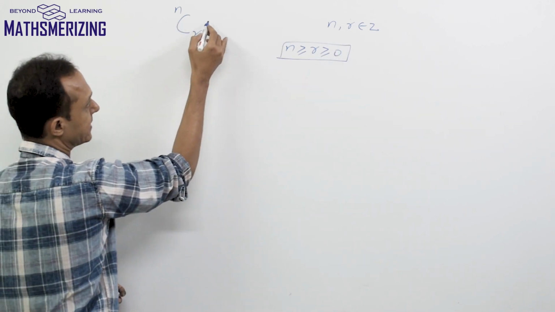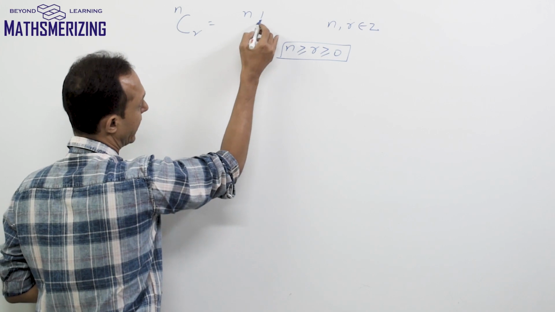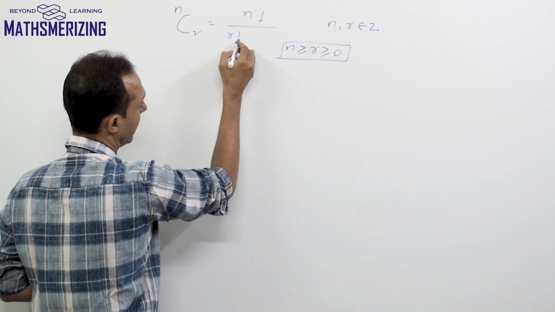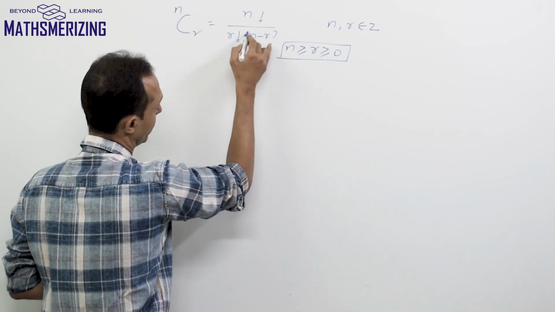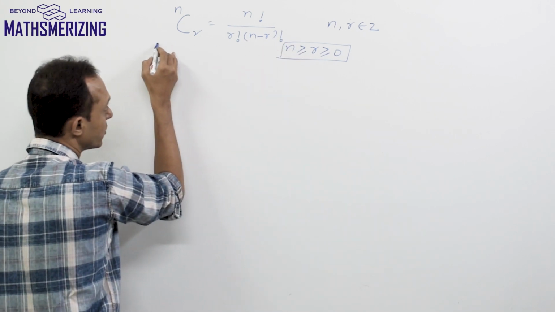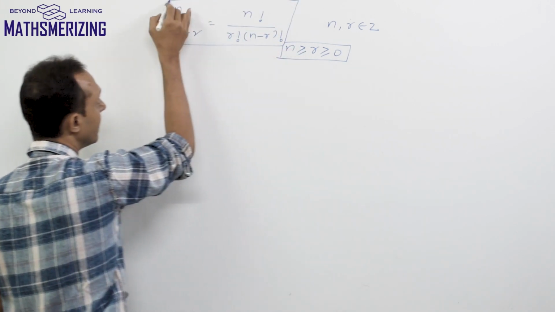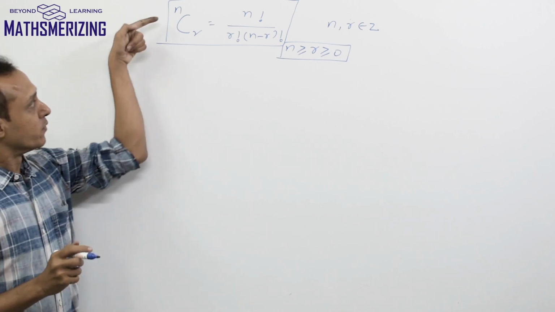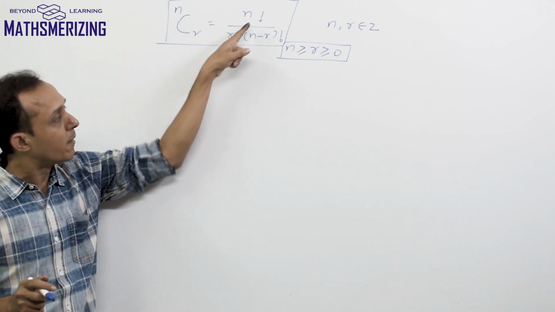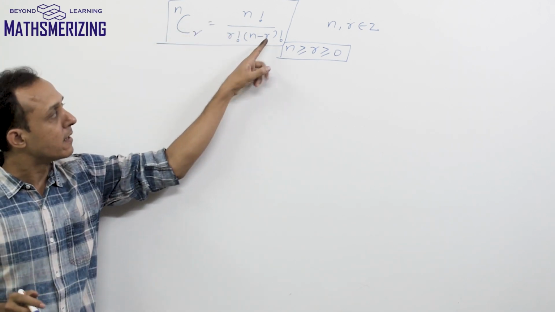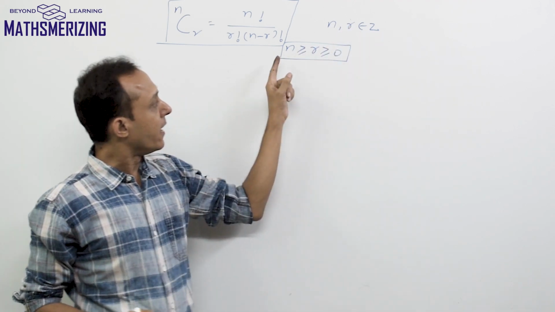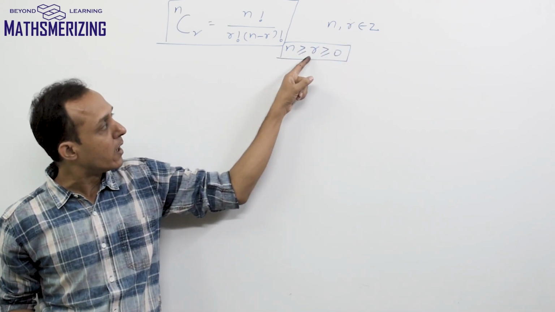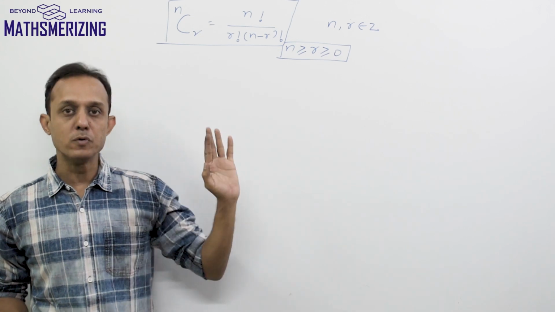Then nCr is defined as factorial n upon factorial r into factorial n minus r. So this is how we'll write a binomial coefficient.